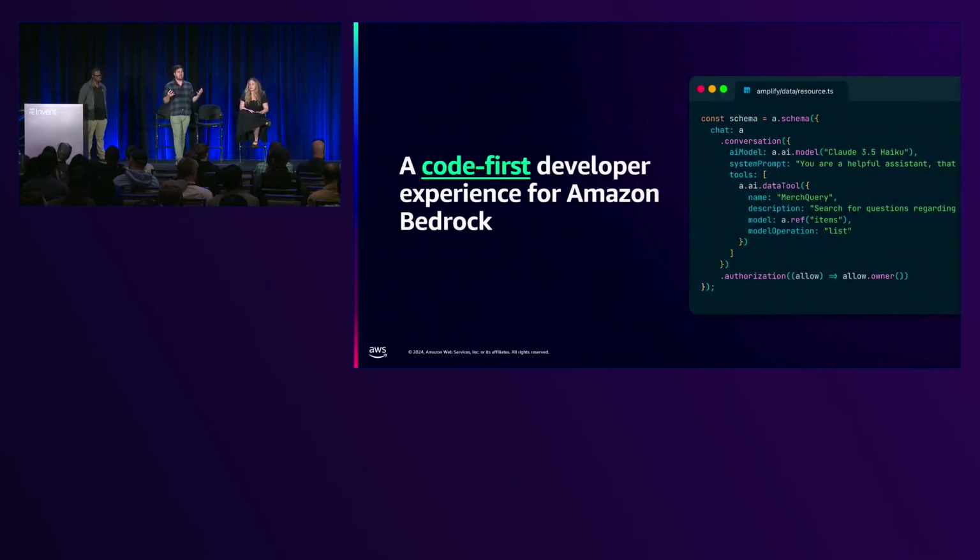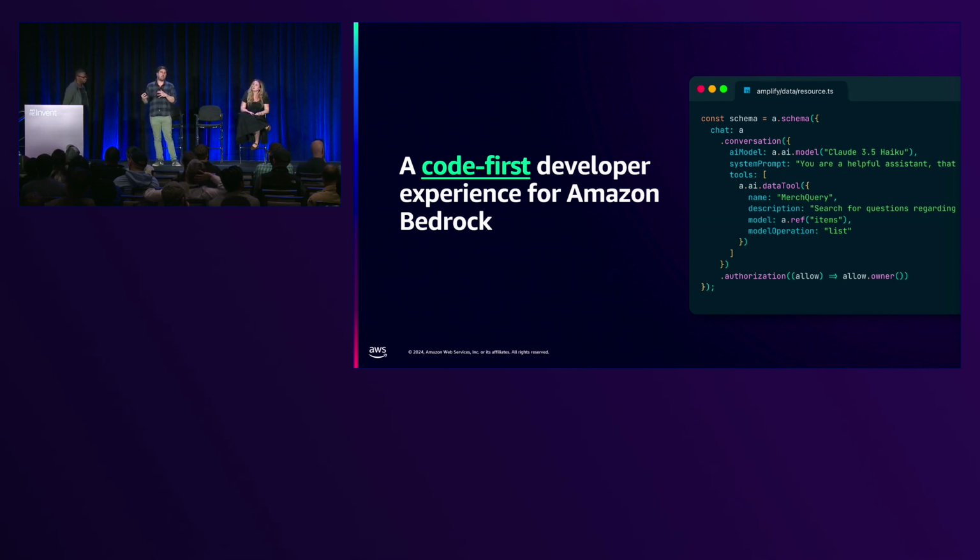And so the first theme is having a code-first developer experience for Amazon Bedrock. Building off the Amplify Gen 2 functionality that Ali just showed, you define all of your AI functionality just in TypeScript files. In this instance, we're defining generative AI functionality in our Amplify data resource file.